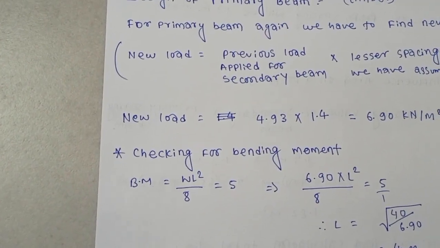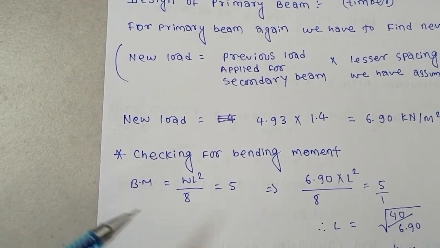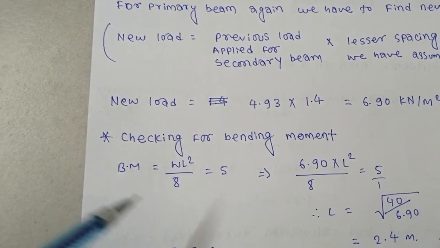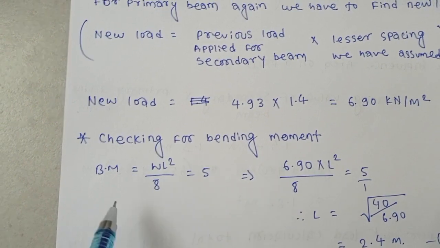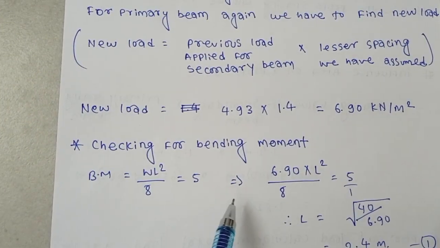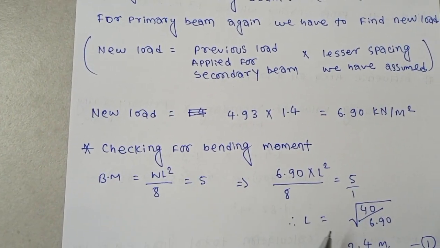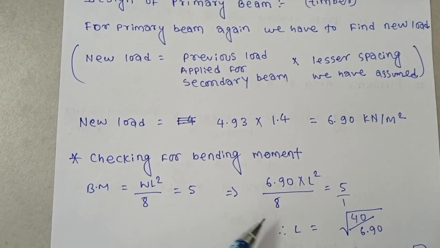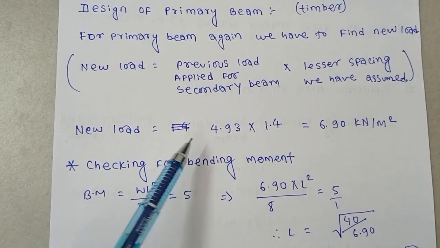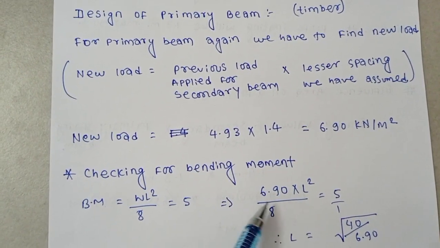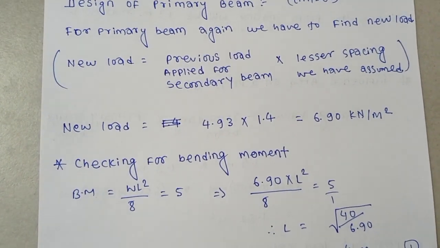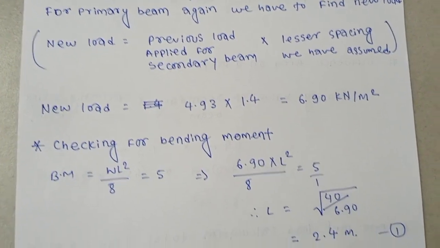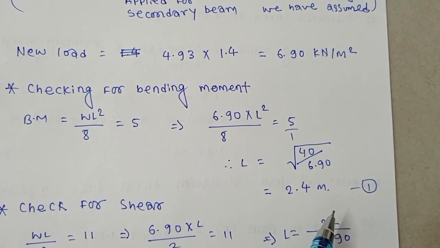Same as previous, we find the bending moment, shear force and deflection. Checking for bending moment, this is the formula we have applied. Everything will be the same as before, we just put a different load value. So 6.90 is the load, and L equals 2.4 meter here.